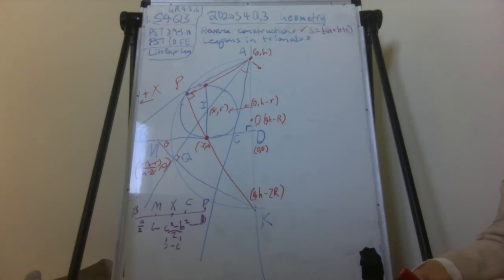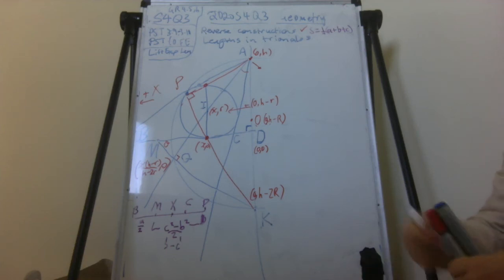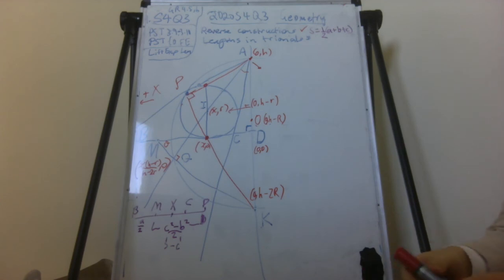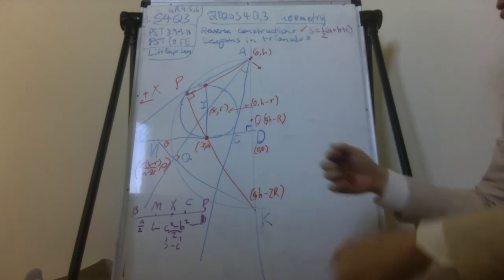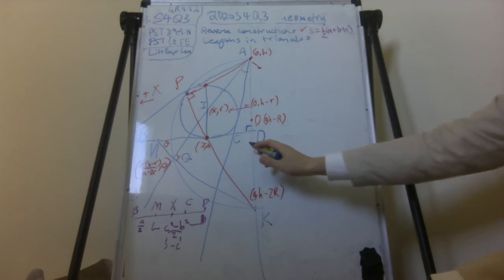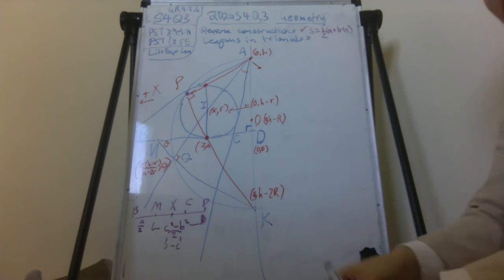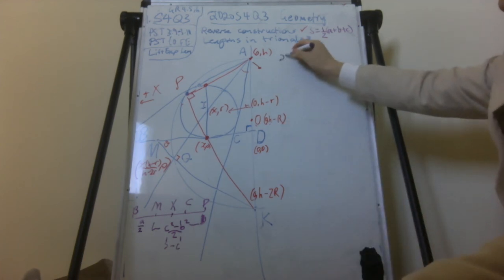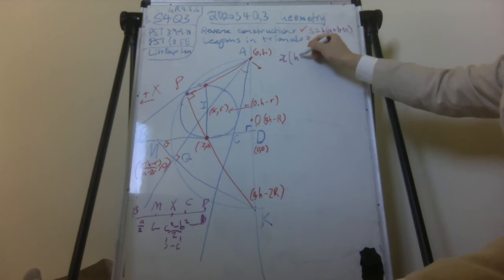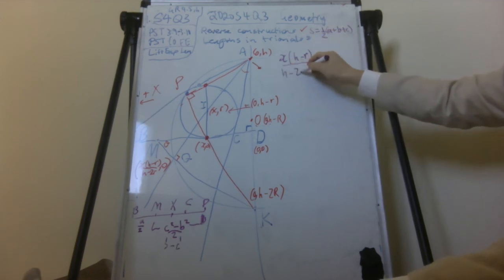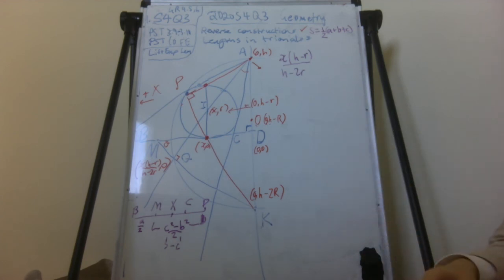Okay, so what are we doing? Okay, we're trying to evaluate this expression, right? Can people see purple? x times (h minus r) on (h minus 2r), right?